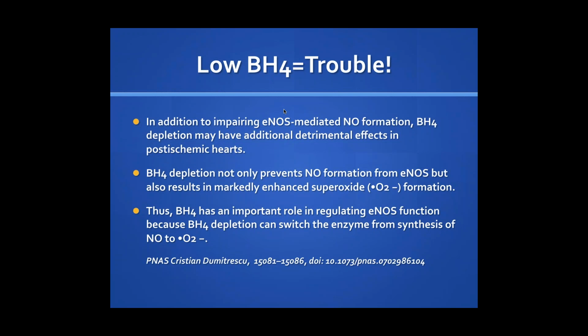And remember, that's our bad guy, our free radical molecule. Thus, BH4 has an important role in regulating endothelial nitric oxide synthase function, because BH4 depletion can switch the enzyme from the synthesis of nitric oxide to superoxide.